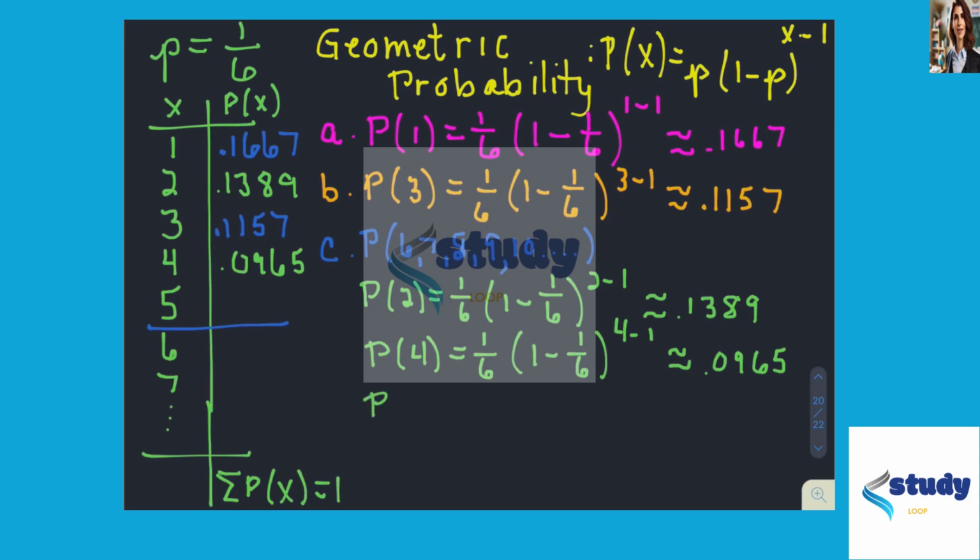And the probability of winning on the fifth purchase is 1/6 times the quantity 1 minus 1/6, raised to the 5 minus 1 power, which is approximately 0.0804.